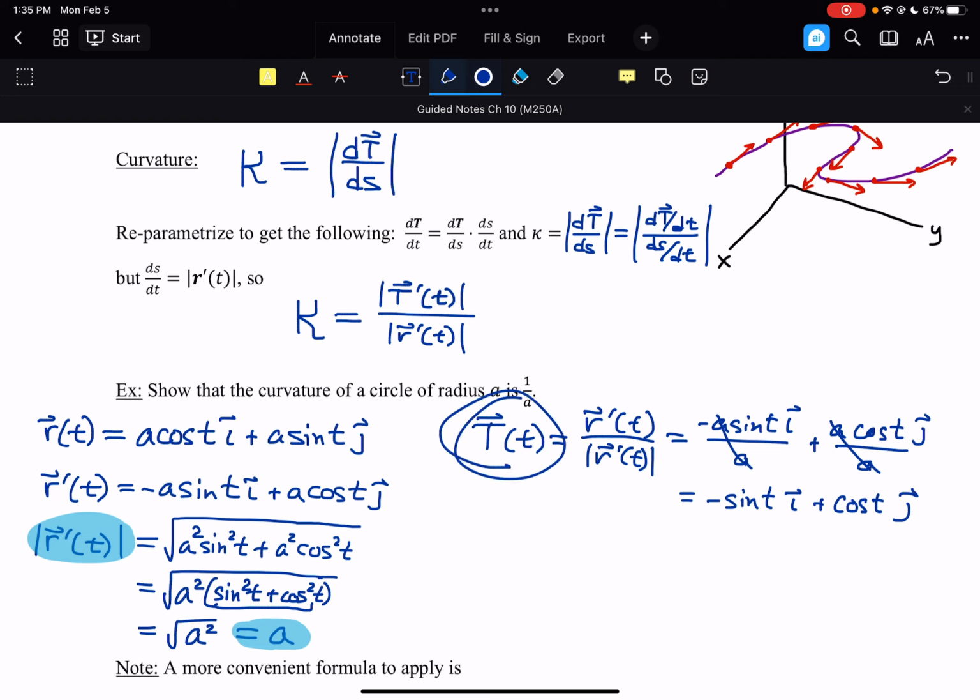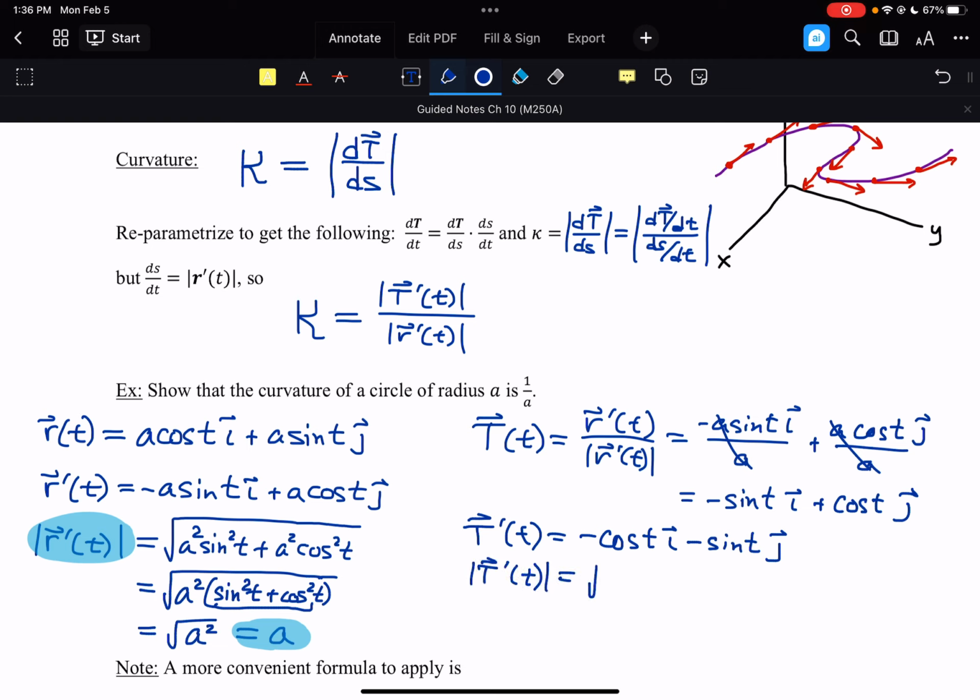But we don't need T for the formula, we need T prime. So let's get T prime, take the derivative of that. That's going to be negative cosine of t i minus sine of t j. We also need the length of that. But the negatives become positive when you square them. So you get cosine squared plus sine squared, so just 1.